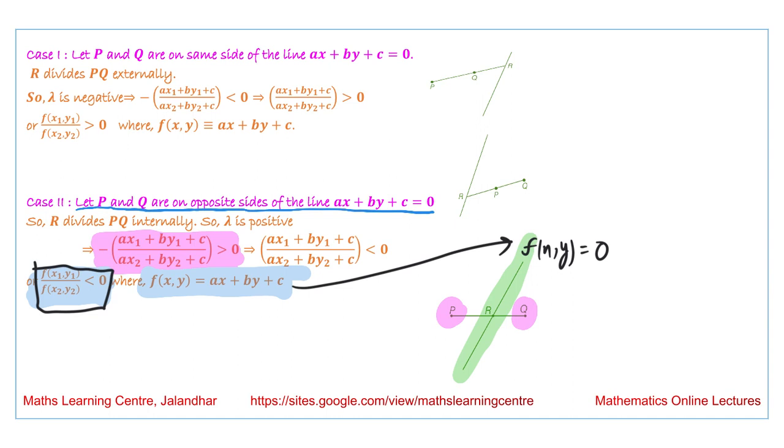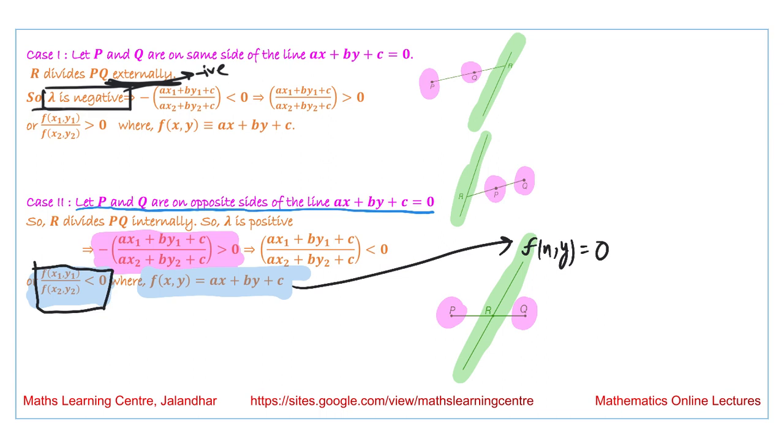The second case we have is that this is the given line, and the points P and Q are on the same side of this line. Then it is dividing it in the ratio lambda is to 1 externally, so the value of lambda should be negative.